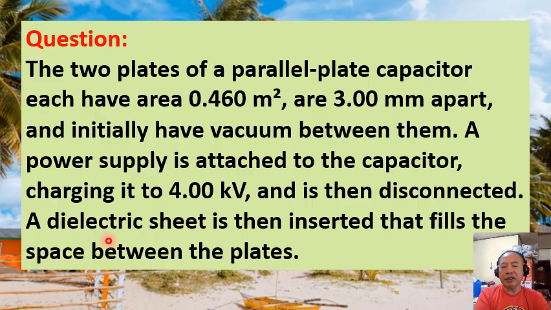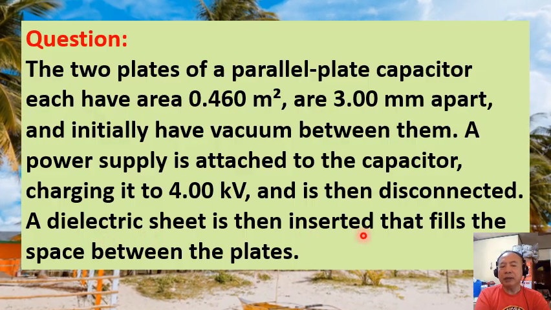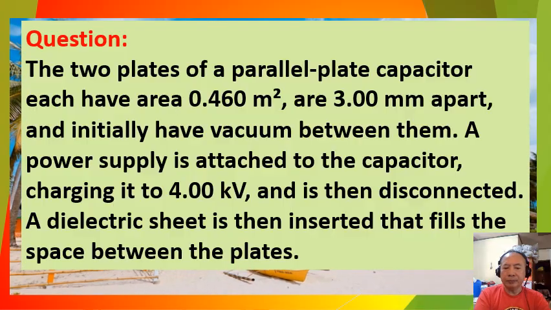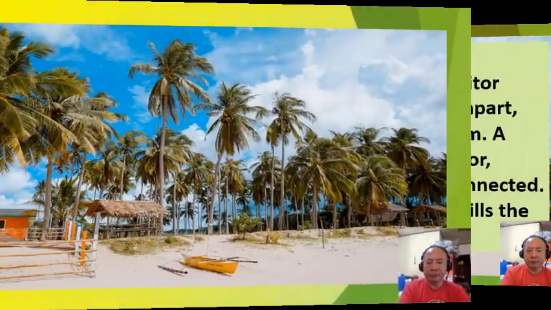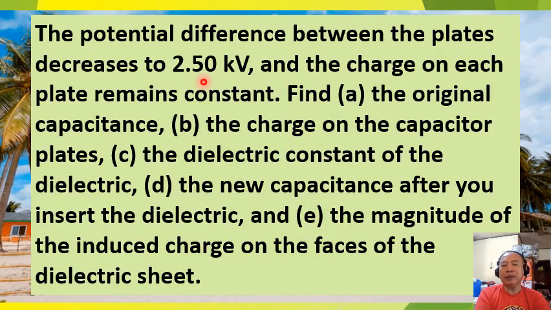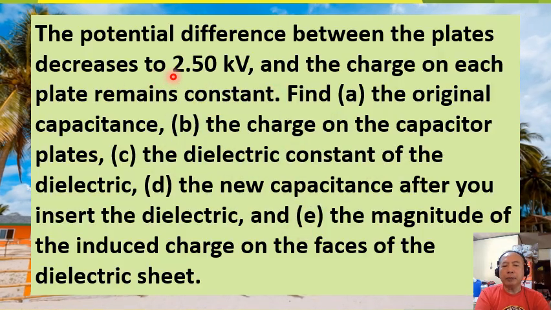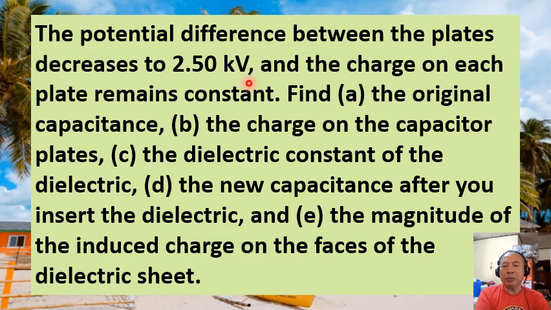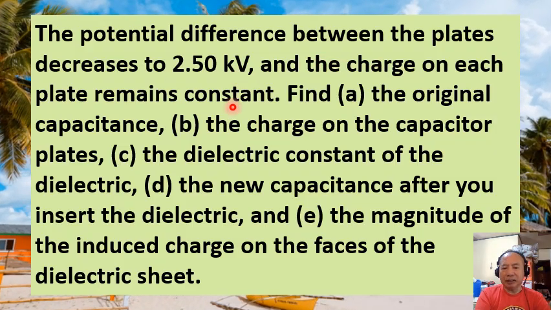A dielectric sheet is then inserted that fills the space between the plates. The potential difference between the plates decreases to 2.50 kilovolts, and the charge on each plate remains constant.